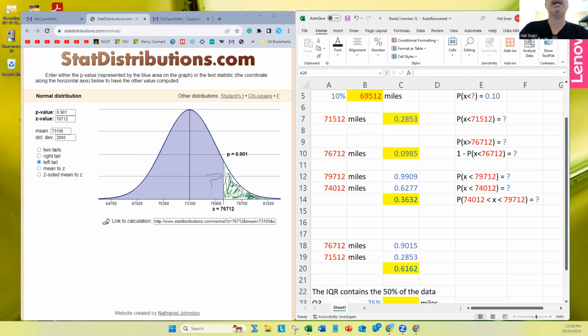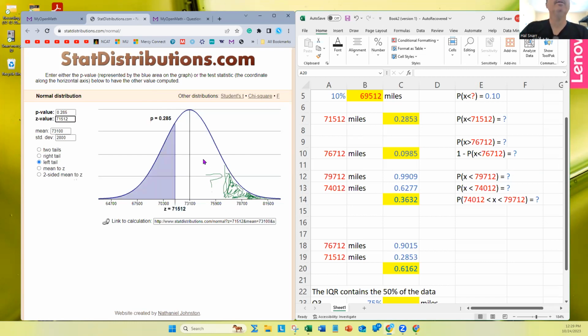So I need to subtract from this value here, 0.901. What do I need to subtract from it? 71,512.